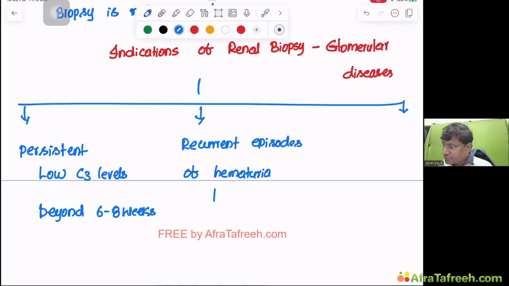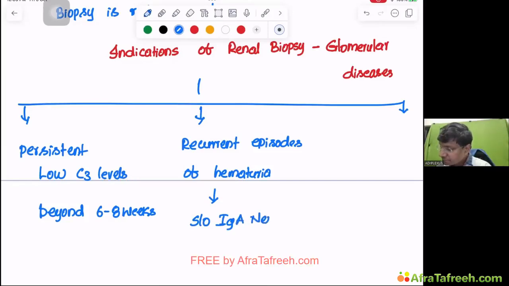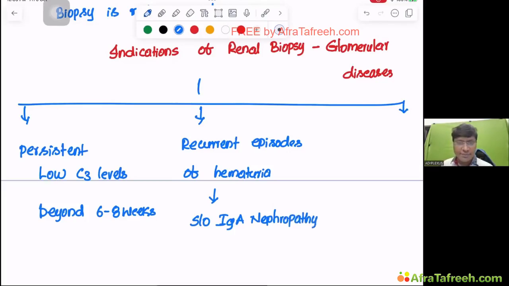And if there are recurrent episodes of hematuria, what is it suggestive of? It is suggestive of IgA nephropathy.